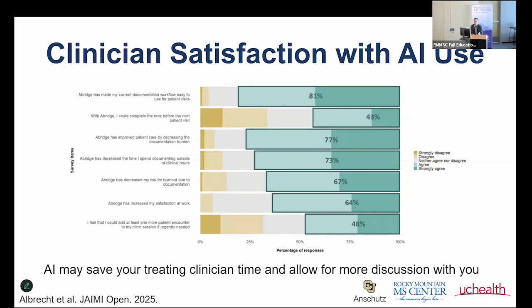So instead of us having to look at the computer every 5 seconds and type things, Abridge will listen in, pull out key data, and then put it into a formatted note so that we don't have to focus as much time on clinical documentation. It allows a lot of time for us to not have to spend time typing notes, where we just have to edit them, but also more focus during the appointment on you and not your doctor staring at the computer, which I know nobody likes.